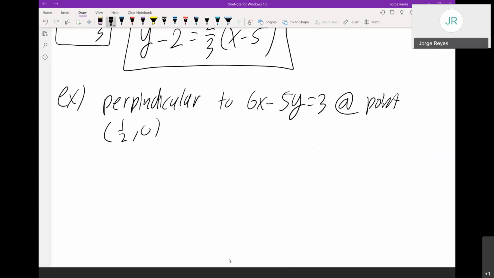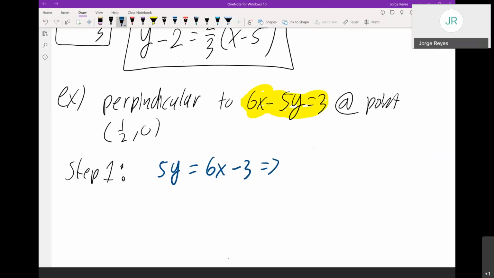All right, so again, step one, we want to figure out this line's slope. So I'm going to solve for y. So 5y equals 6x minus 3. So the slope is 6 divided by 5. Okay.